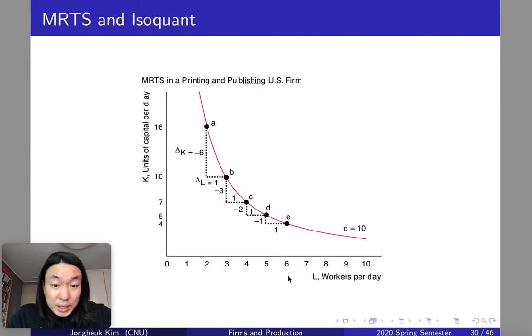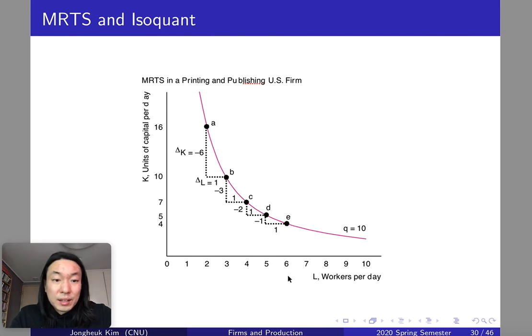But from point B to C, there is also one more additional unit of labor input, increased from 3 to 4. Then the decreased amount of capital input was -3. So in this case, MRTS from point B to C is -3. So MRTS has been decreased by half, right?